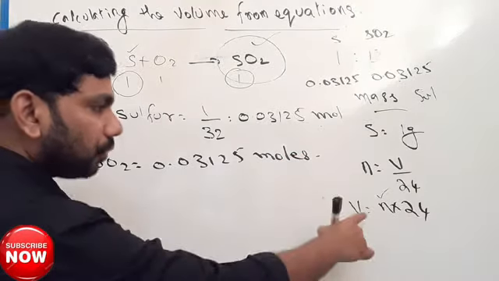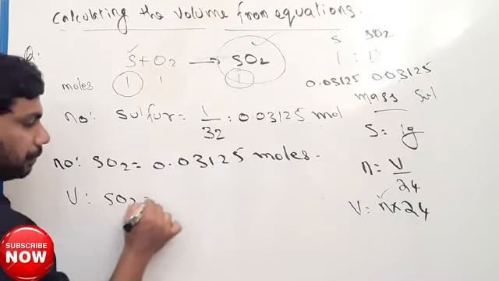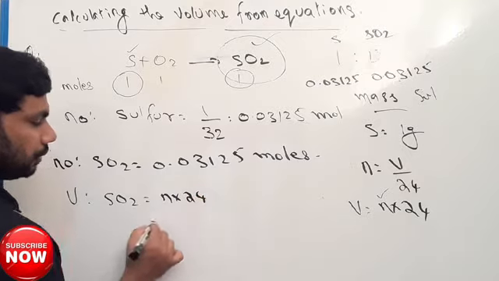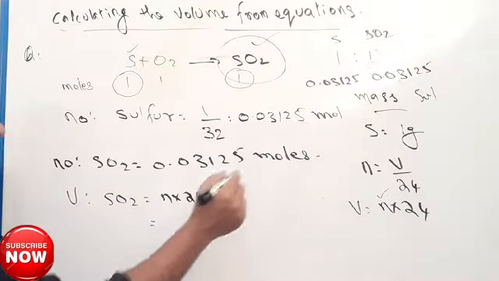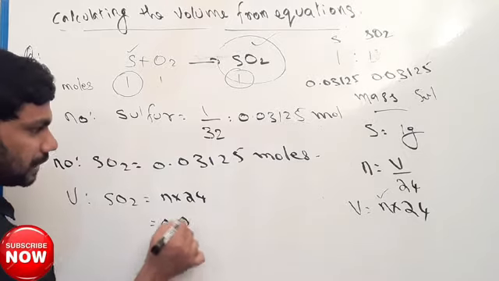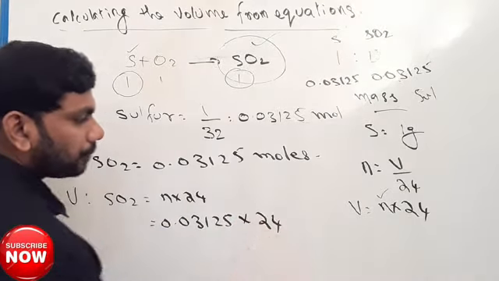Okay, now you have the number of moles of sulfur dioxide, so now you can find the volume. Volume of sulfur dioxide is number of moles times 24, which is 0.03125 times 24.